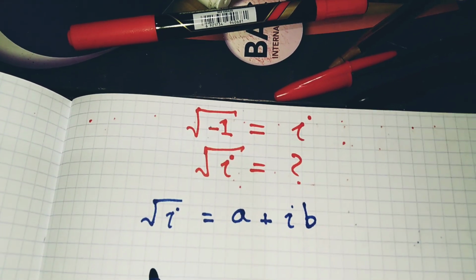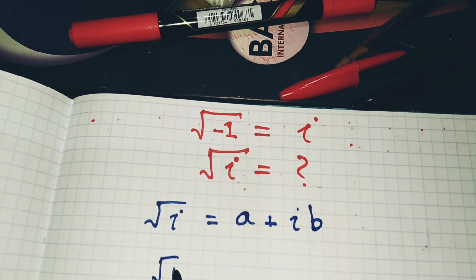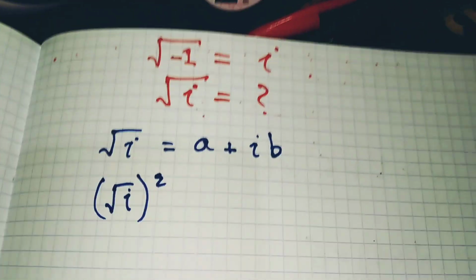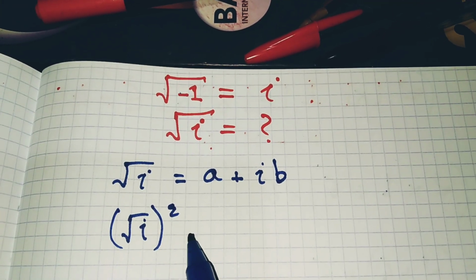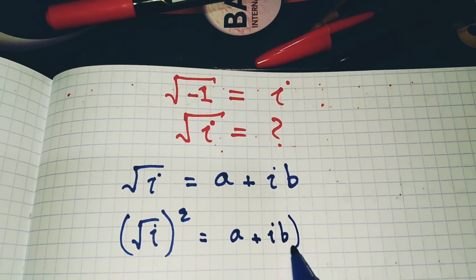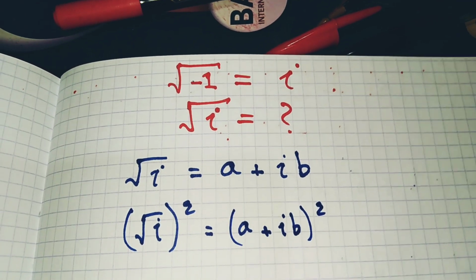So, square root of i squared is equal to (a plus bi) squared.